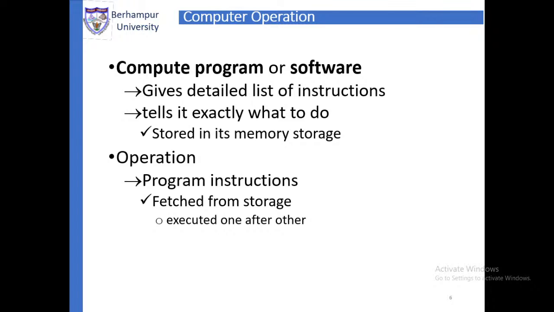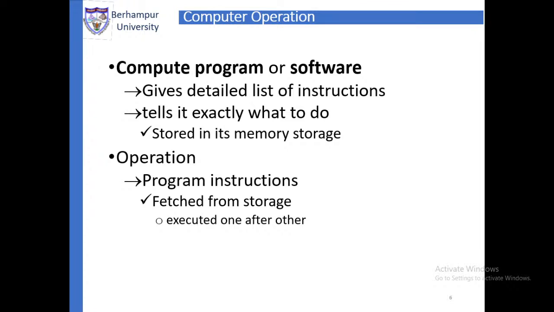Those will be executed by the computer. Then you write a program and ask the computer to execute the program. Whatever instruction is written in the program, those will be executed, and that execution will require the original operating software. The operating software will control everything. So this is about computer programs and software.